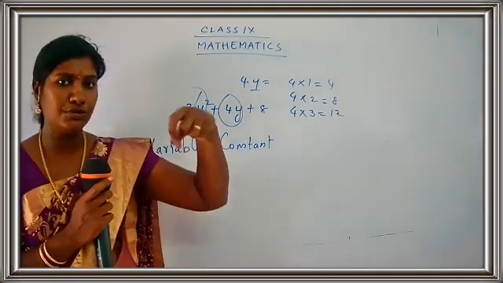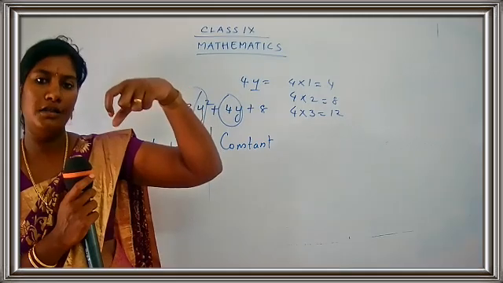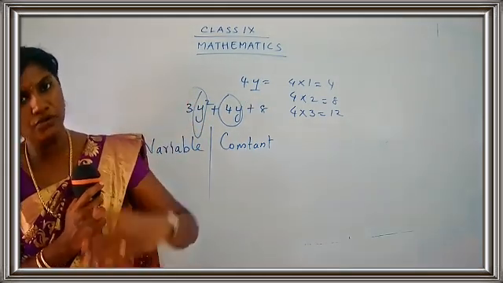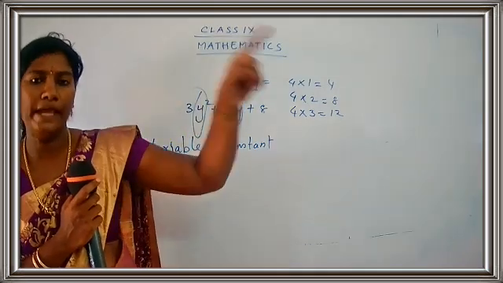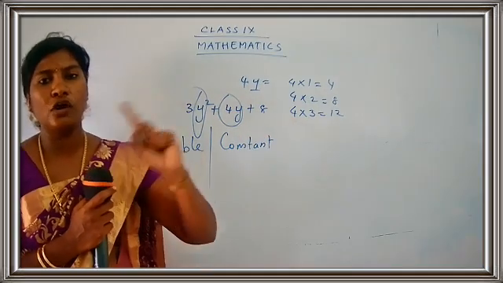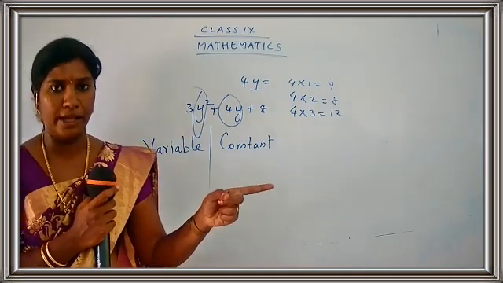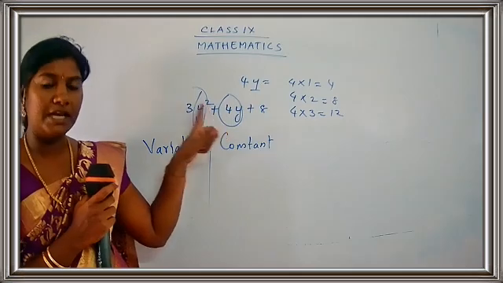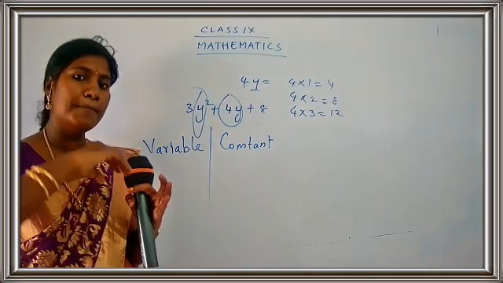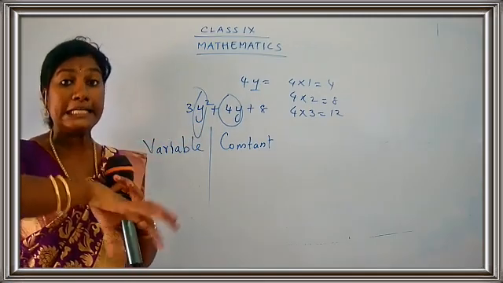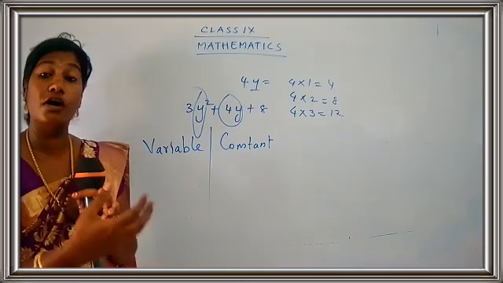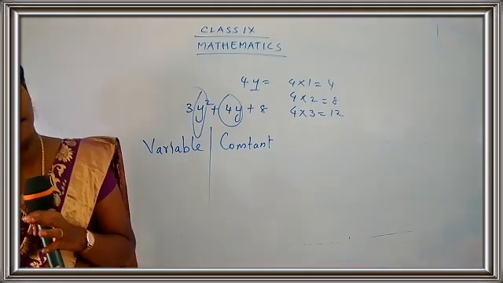The degree, or the power, should go from smallest to the highest, or you have to take the power from the highest to the smallest. Small to big or big to small. So when you write from small to big, you call it the increasing order of the power. We are just going to focus on the power. Or you can write the power from big to small, which you call the decreasing order of the power. Okay, children.